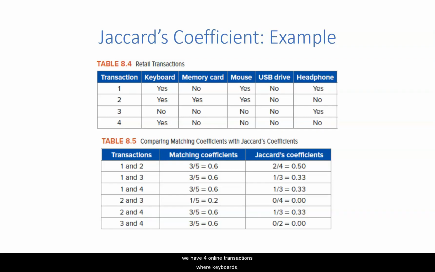In this example, we have 4 online transactions where keyboards, memory cards, mice, USB drives, and headphones may have been purchased. The value yes indicates that the item is purchased in the transaction, and we consider it a positive outcome. And a no indicates otherwise, and we consider it a negative outcome. Between transaction 1 and 2, there are 2 matching variables with positive outcome: keyboard and the mouse.